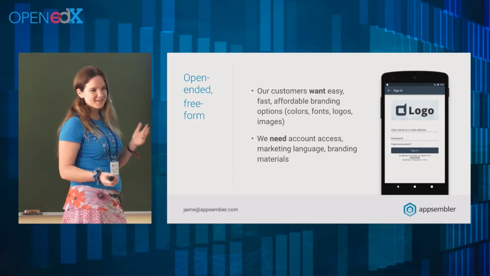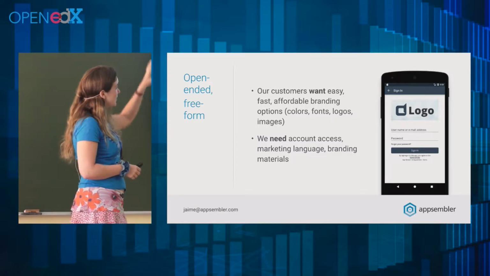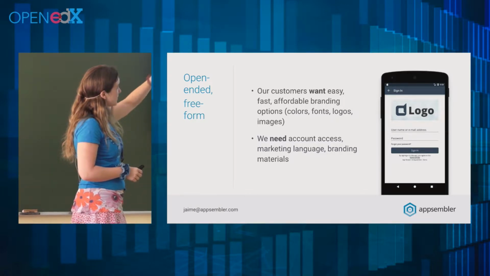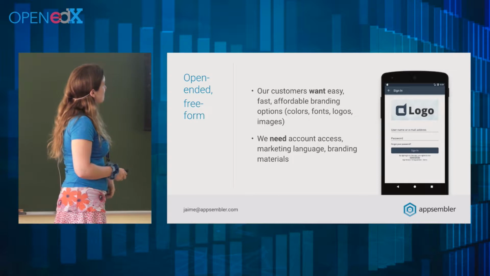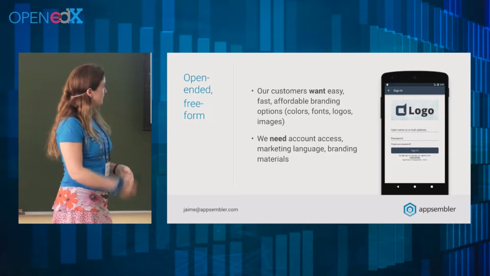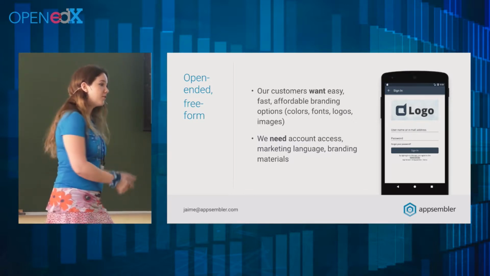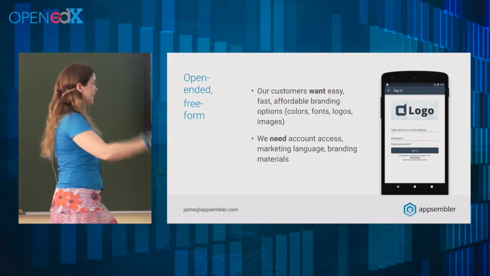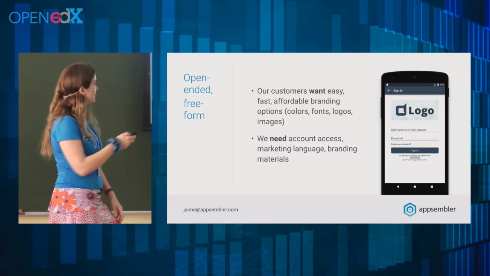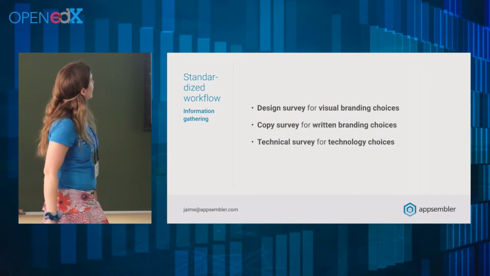Which was really surprising because I expected more requests than that. Most of our customers have been happy with simple choices. We also discovered through this iterative process that it would be smarter if we asked for a lot of things up front: marketing requests, branding decisions, tech choices, account access. So we started developing some standard for that.